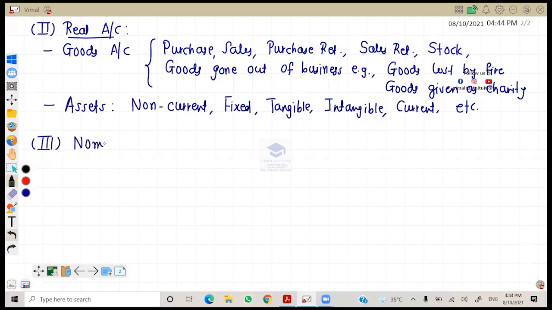Then nominal accounts. Accounts of all the expenses paid by the business. Then all the incomes received by the business.